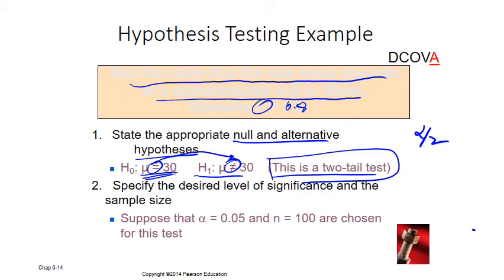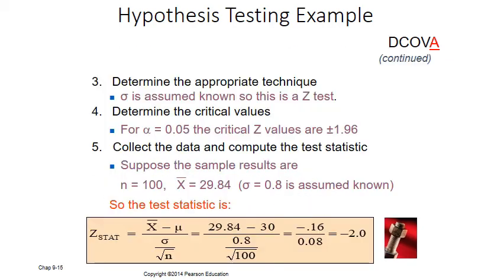Specify the desired level of significance and the sample size. We test for alpha 5%, which is 0.05, and we take a sample of 100 bullets. Determine the appropriate technique. Because sigma is assumed known, we will use the z-test. Determine the critical value for alpha 0.05 in a two-tail test. The z value is 1.96.